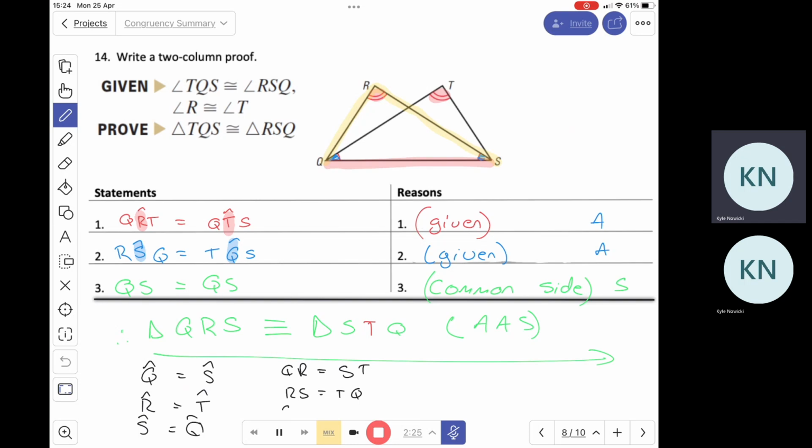And the last one is the QS is equal to SQ, which is my common line. So you can see that I can take all of this information. So let's just go with QR is the same as ST. We know that RS is the same as TQ. And we know that QS is the same as SQ. And that is all the information I can take from this congruency statement, right?